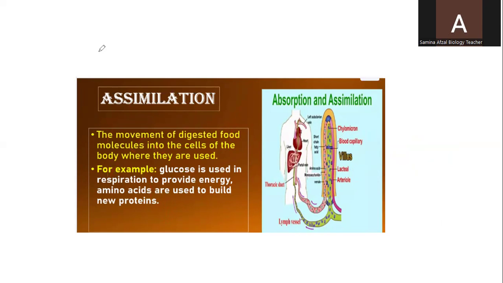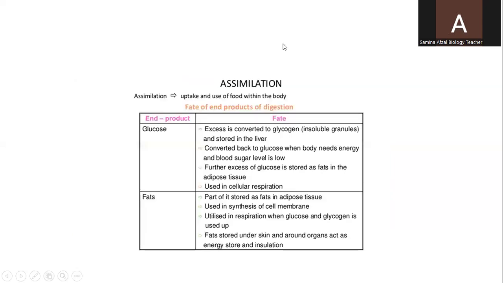So the assimilation of these nutrients takes place when the food is absorbed. For example, the different nutrients which are absorbed have different purposes in the body. They become part of the body and perform their functions. For example, glucose is used for the process of respiration.